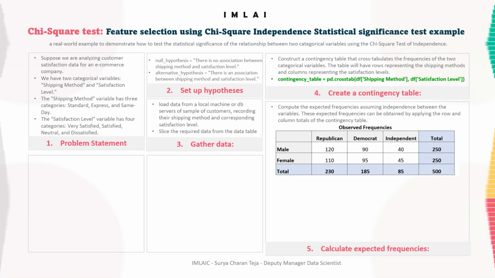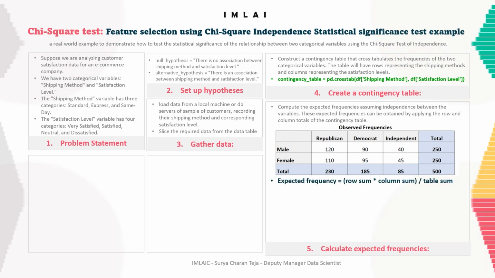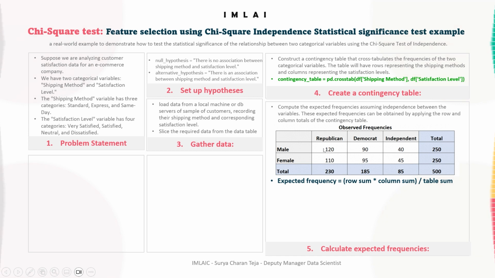These are observed frequencies. That's what we observed when we collected the sample, or what we got from the data set. But if you want to calculate the expected frequency, then we have to use this formula. The expected frequency of each cell is equal to the row sum of that row multiplied by the sum of that column divided by the total.